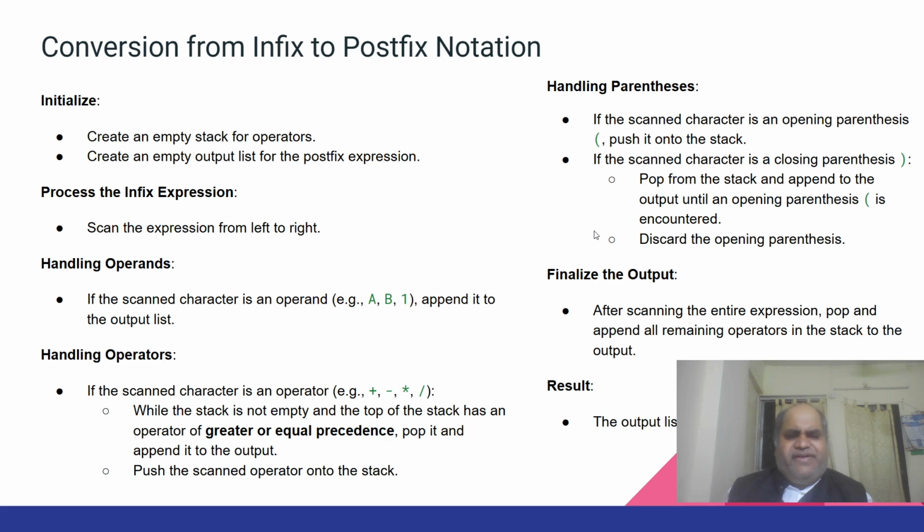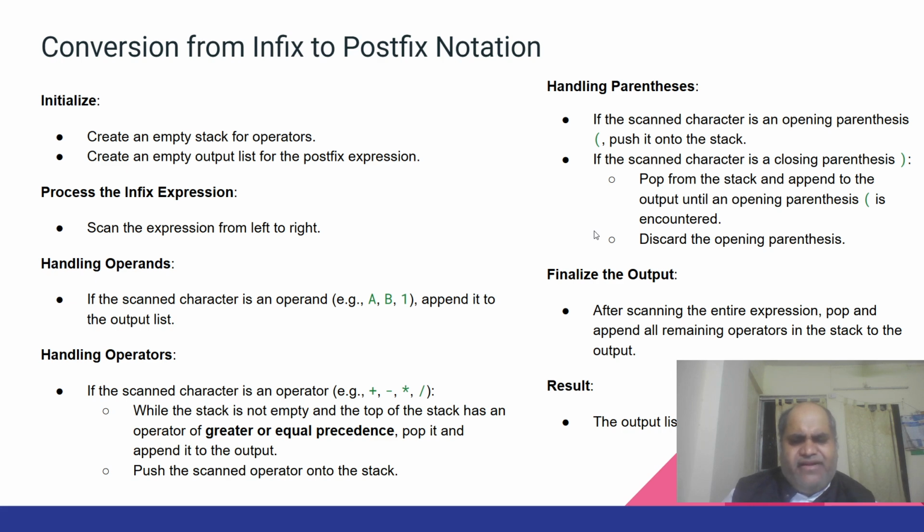So, in case of parenthesis, whenever a left parenthesis comes, we'll push it on the stack. Then operators and operands, we are going to put them on the stack, and whenever we see a closing parenthesis, everything from the current closing parenthesis till the last opening parenthesis will be popped and put on the output list, right.